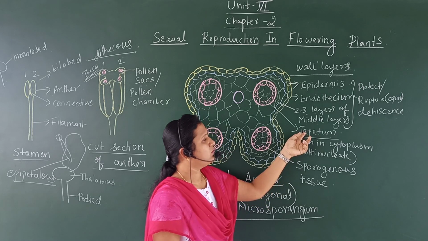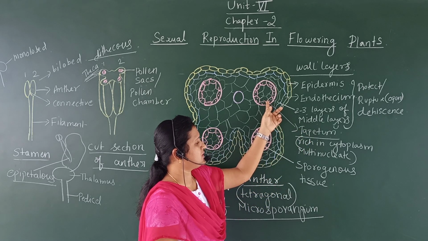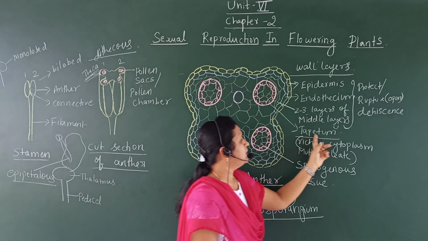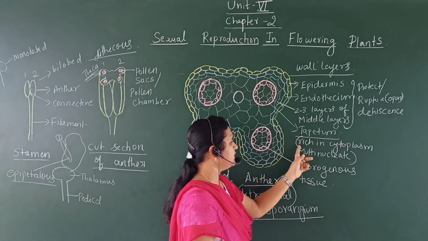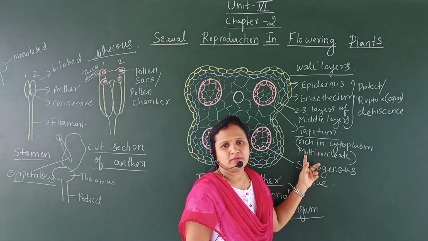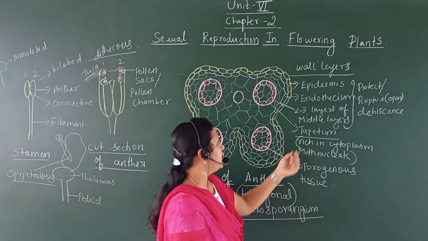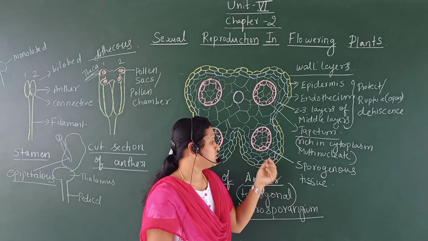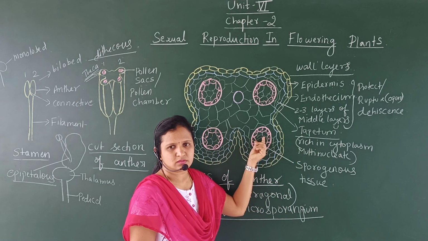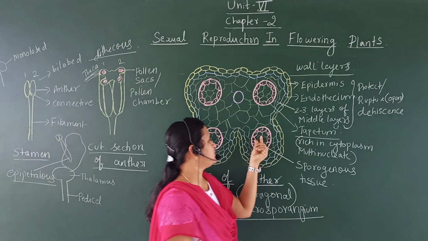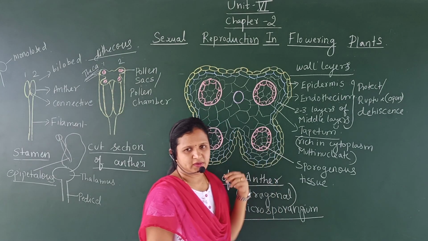And one more wall layer present on the inner side surrounds the microsporangium, called tapetum, and it is rich in cytoplasm, with many nuclei, multinucleate, and the main function of the tapetum is to nourish the pollen grains, which are going to develop from the sporogenous tissue present inside the tapetum.